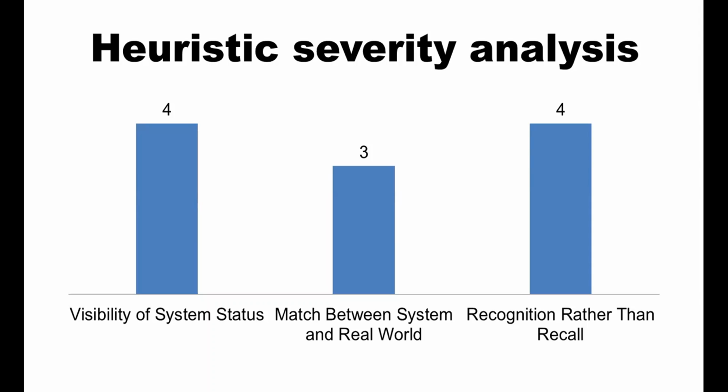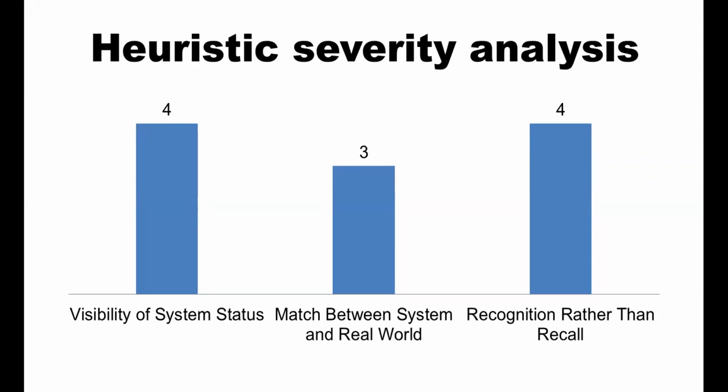The scale goes from 0 to 4: 0 means it's not a problem, and 4 means a big problem that needs to be fixed as soon as possible. 3 means a major problem, but we can ignore it for some time. And 4, we need to fix it immediately.